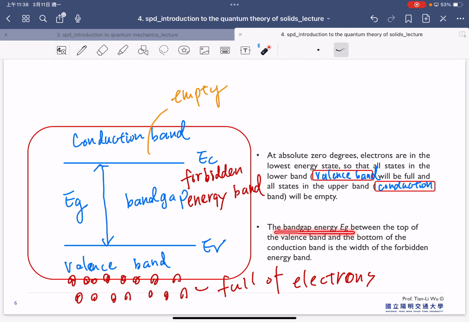The band gap energy between the top of the valence band and the bottom of the conduction band is the width of the forbidden energy band. Okay, so that's all the key information you should know related to the band gap and band diagram here.